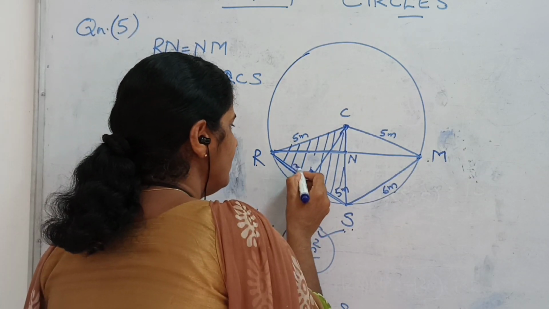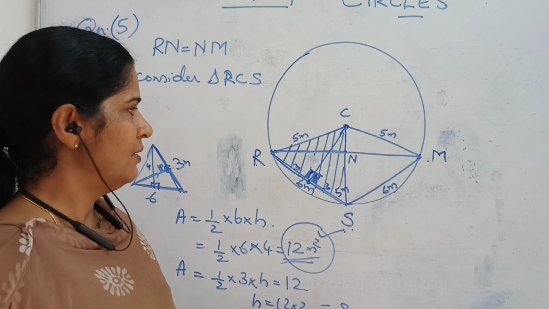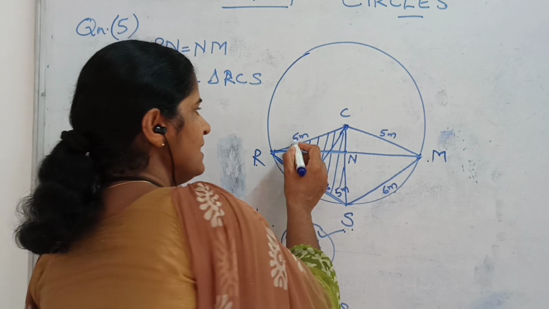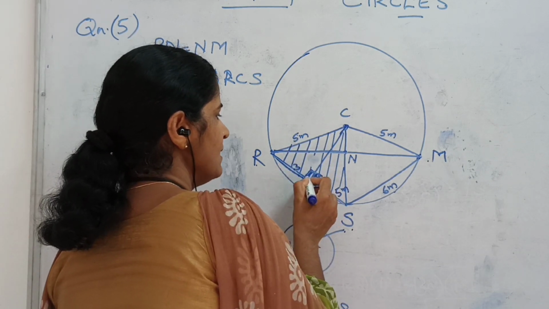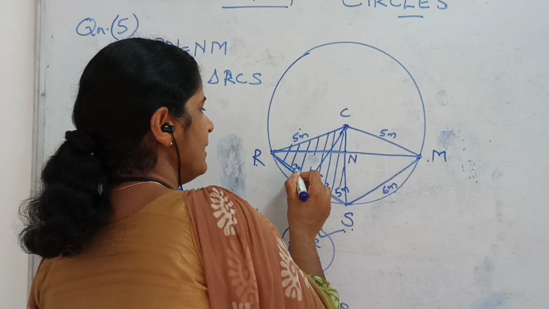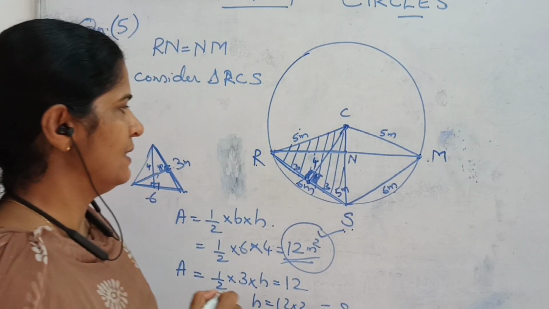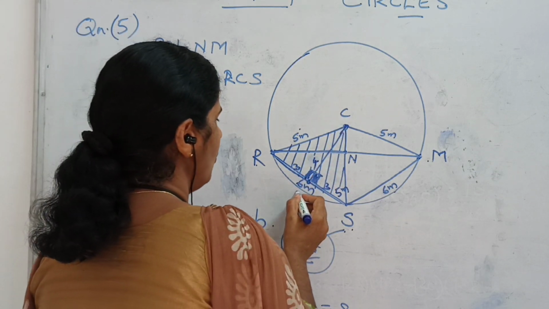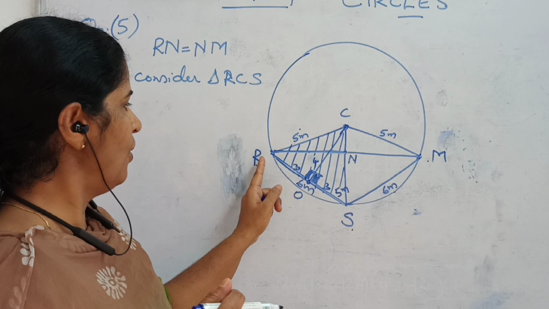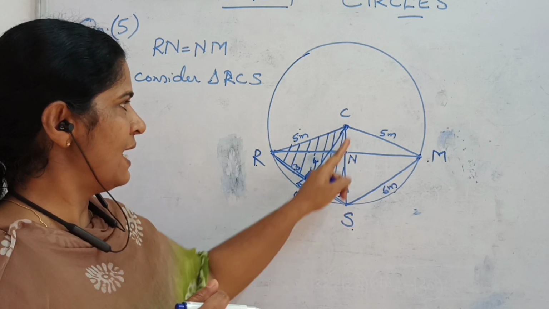So each part will be 3, 3 and 3. Then, if this is 3 and this is 5 and this is 90 degrees, using the Pythagoras property, 5 square minus 3 square gives 4 as the answer. Let it be O, so CO is 4, and we find the area of CRS with this base 6 and this height 4.